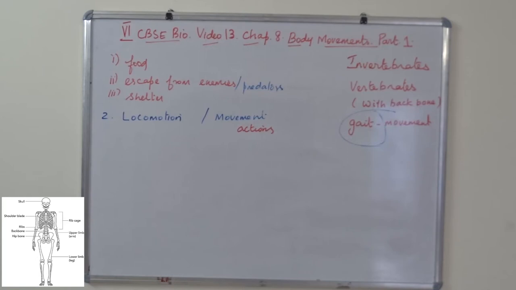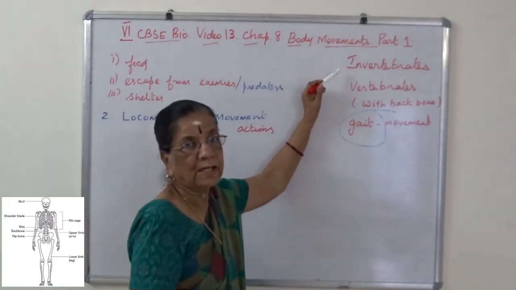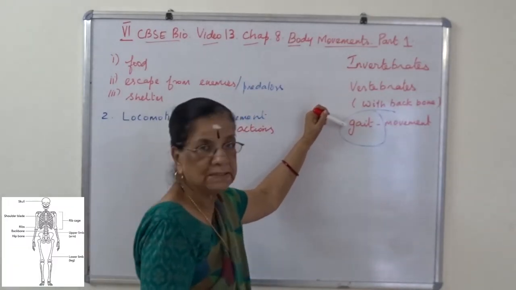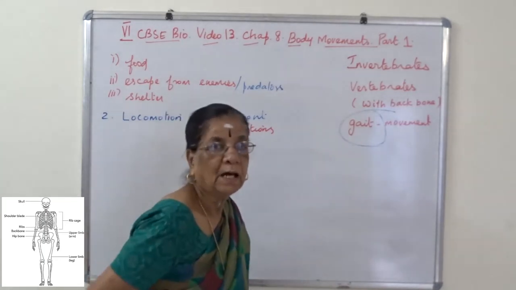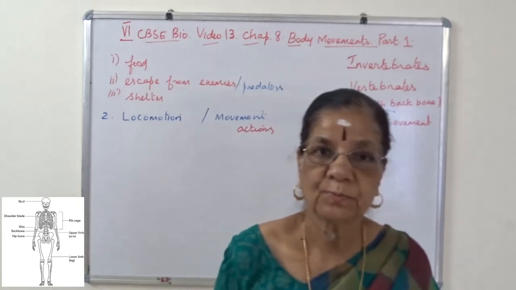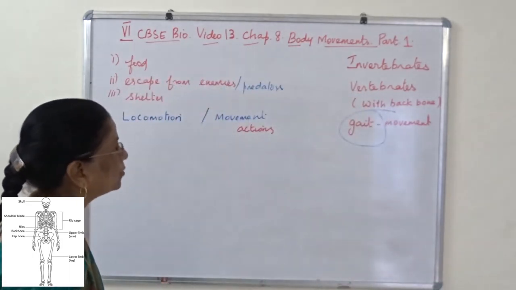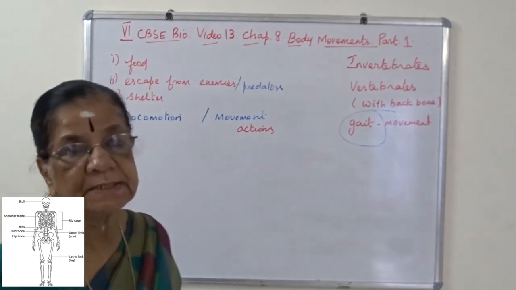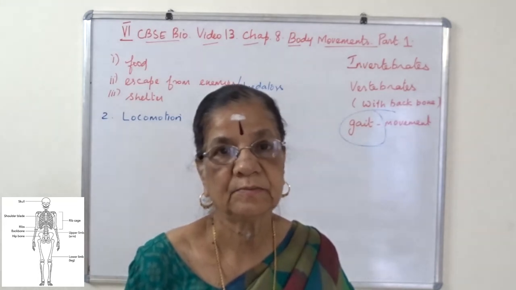The presence or absence of backbone decides the gait of the animal, that is, the movement of the animal. I hope you follow. So we came across the terms locomotion, movement, invertebrates, vertebrates, backbone, and gait.